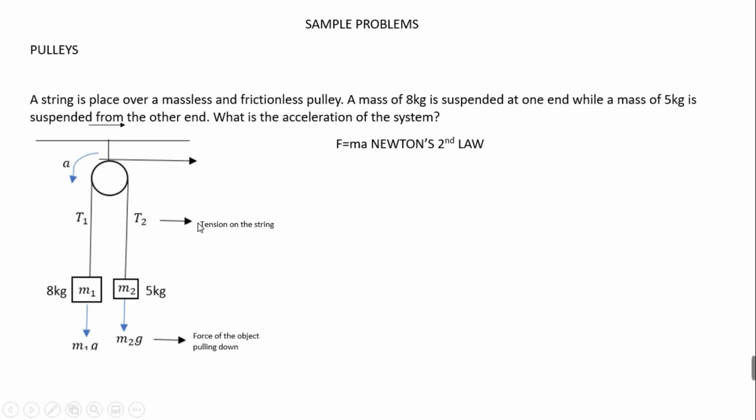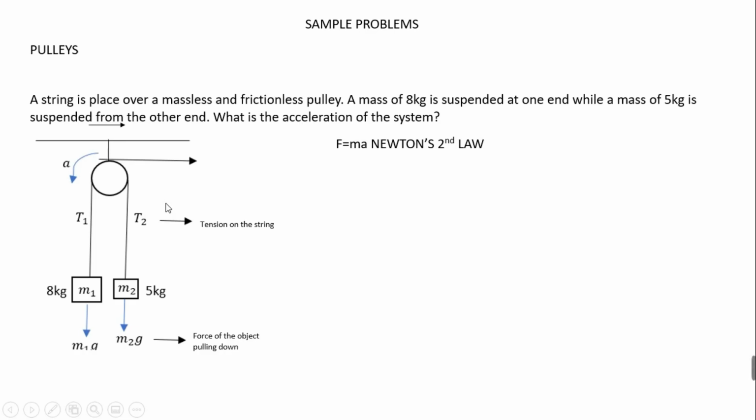In this problem, guys, we have two tensions on the string, two masses, and two forces of the objects pulling down. Since M1 is heavier than M2, we can assume that the acceleration will fall in this direction. Remember that the forces that oppose the acceleration will be considered negative.